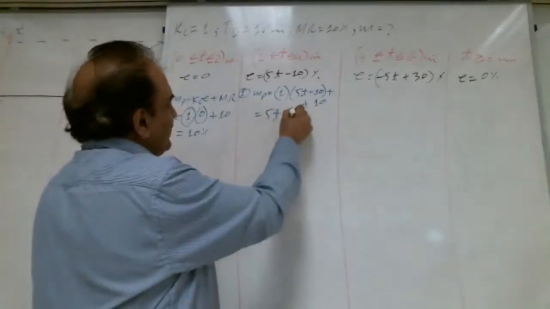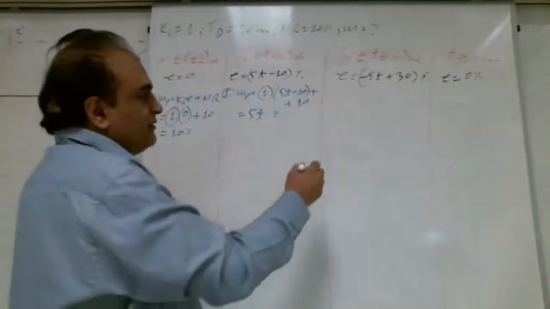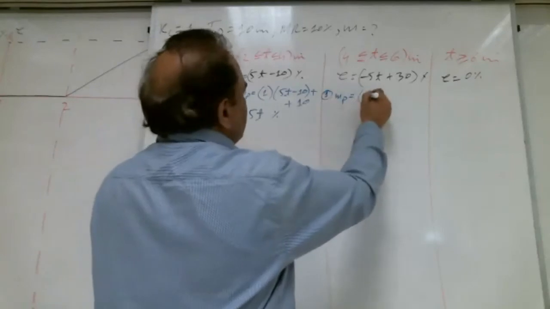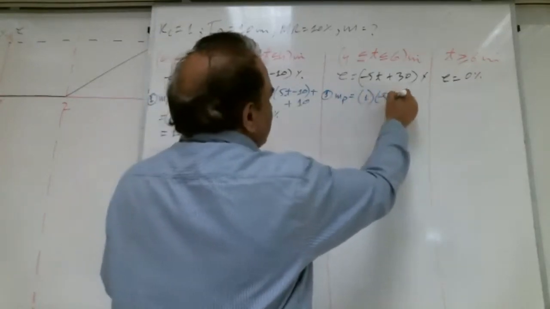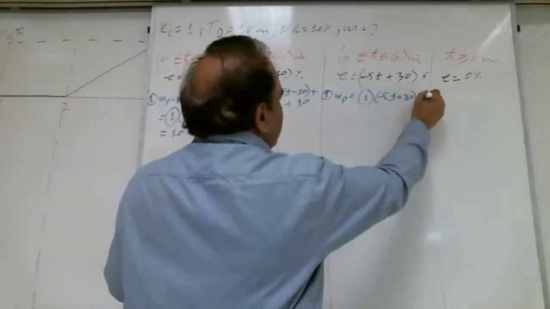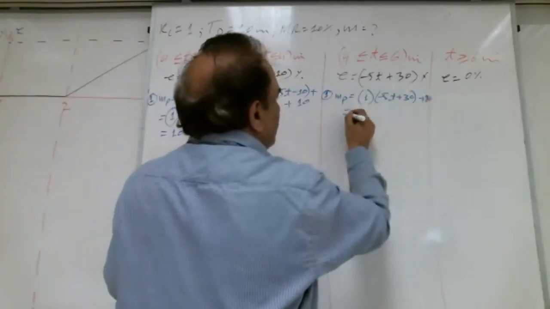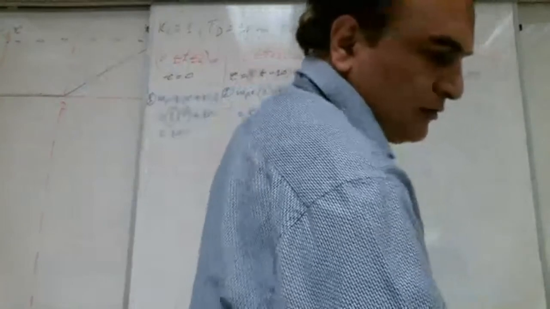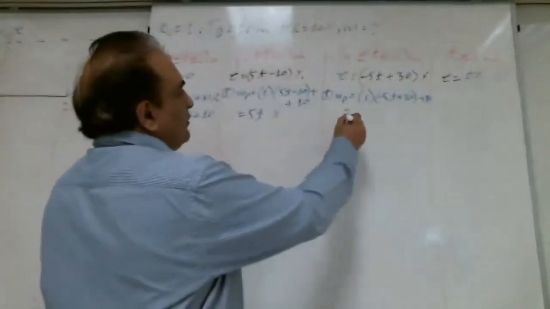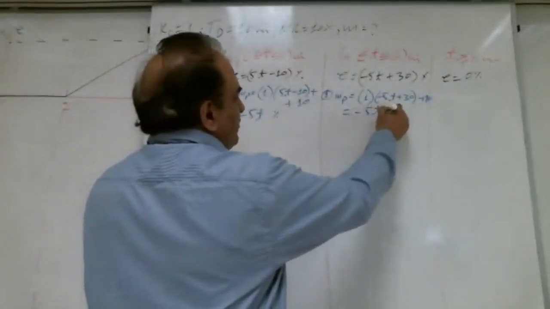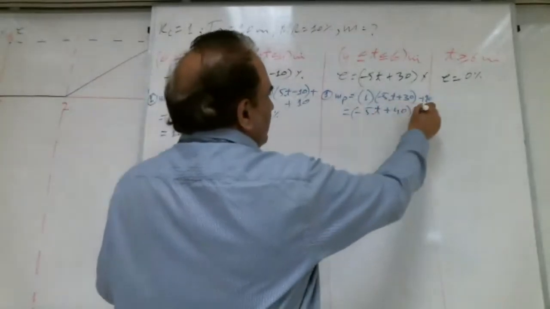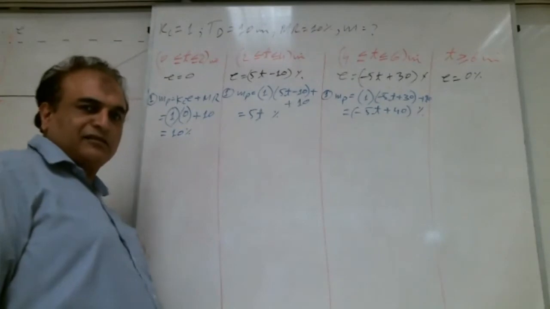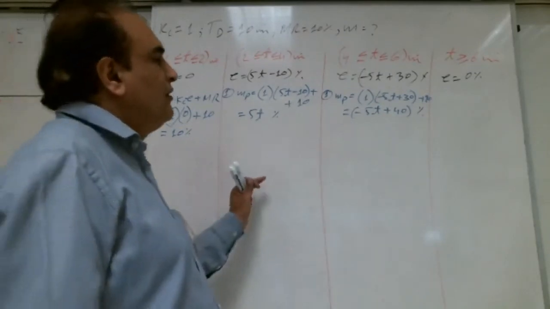A lot of brothers are writing minus 5t plus 30. First step: MP is equal to KC, 1, times error, minus 5t plus 30. How much MR? Plus 10. How much here? Minus 5t plus 40%. That's good. Brother Ali is telling. Thank you very much, brother Ali.